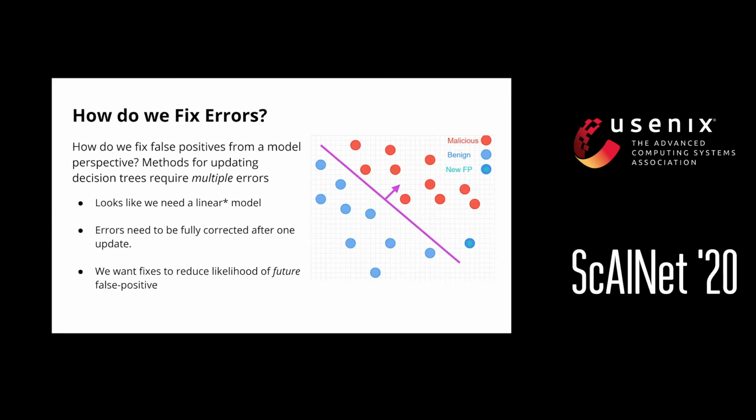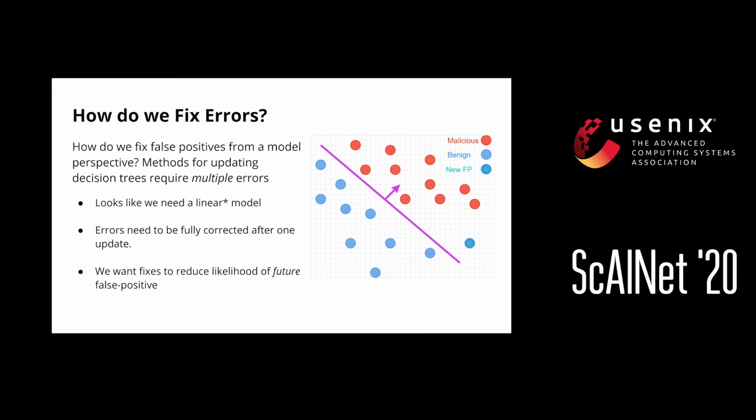So in order to fix these problems, to fix these errors, we think we're going to need a linear model. And part of this is because for tree-based models, which is what the current method uses, there's not a lot of good ways to update a tree-based model.